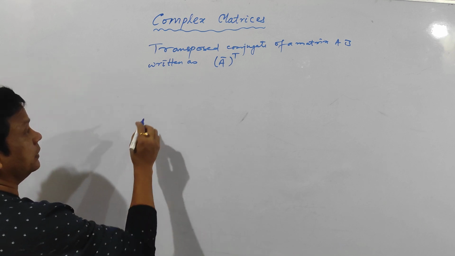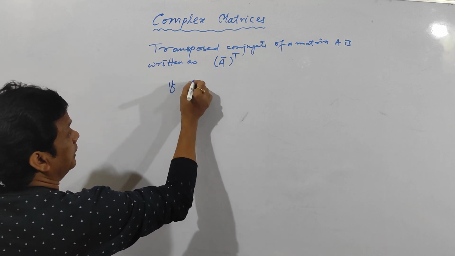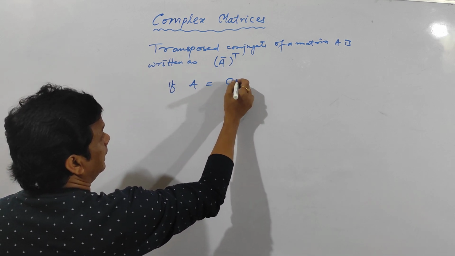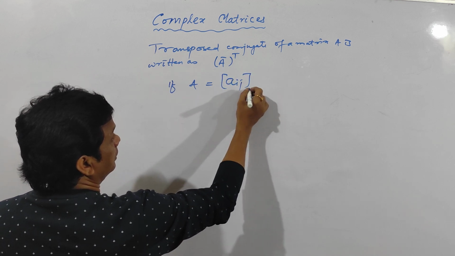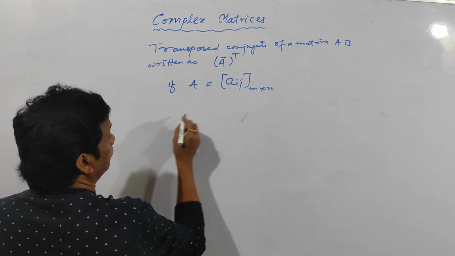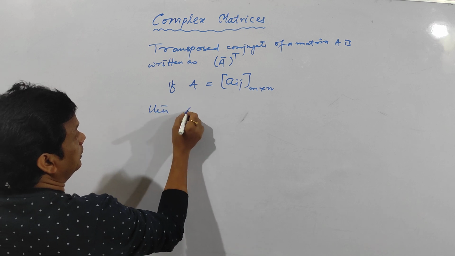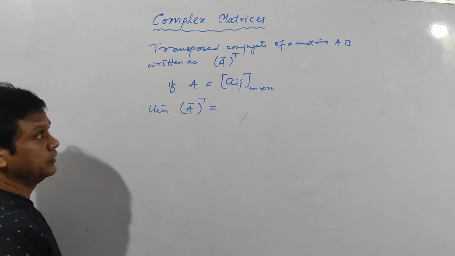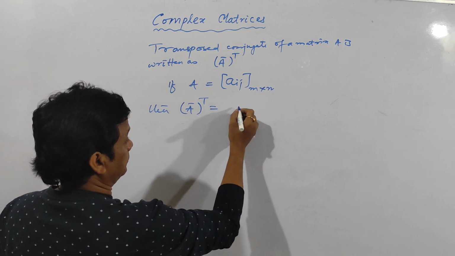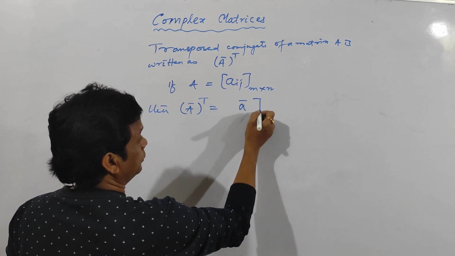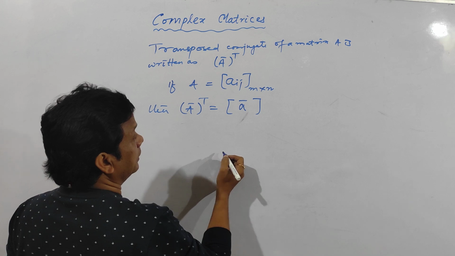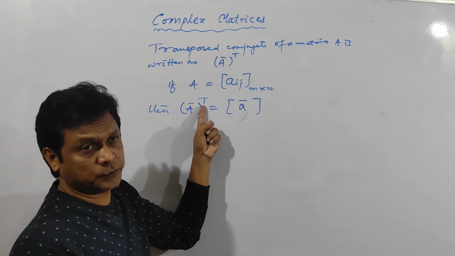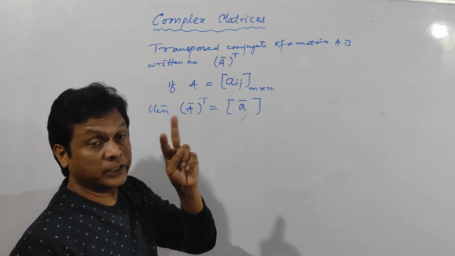Clear? And if A is equal to [Aij] having order m by n, then how to write A bar transpose? See here. Take the conjugate, and while taking the transpose, the row and column will be interchanged.